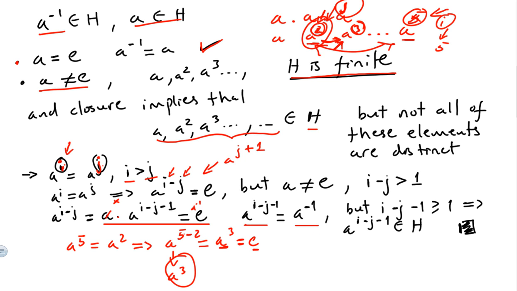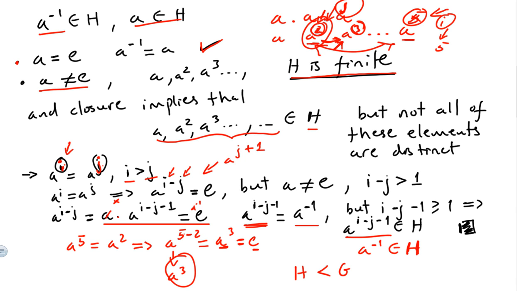So since a to the power of i minus j minus 1 equals the inverse, okay, so the inverse, we proved that the inverse is in H. The inverse is in H, so H is a subgroup of G, okay.